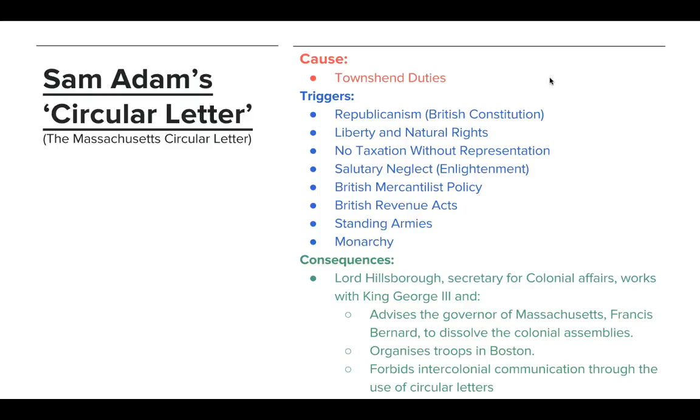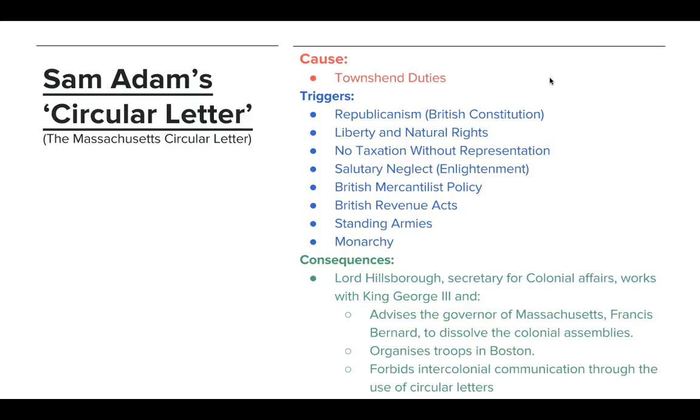Sam Adams sees the monarchy, and he's again humbly petitioning the monarchy to actually do what it says it's going to do in the British Constitution and stand up for the rights of its British subjects. And that's not what's occurring throughout the introduction of the Townshend duties.